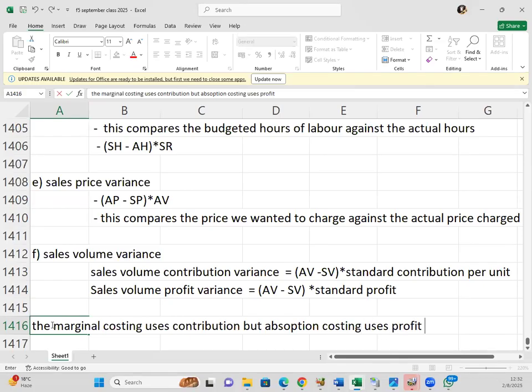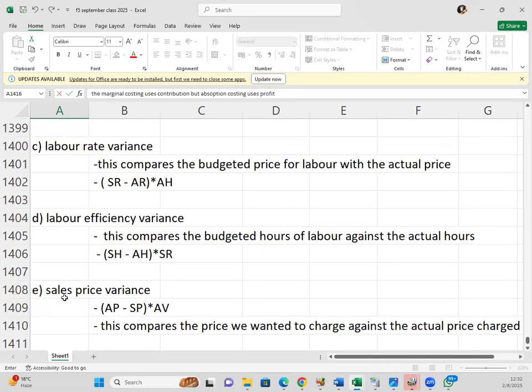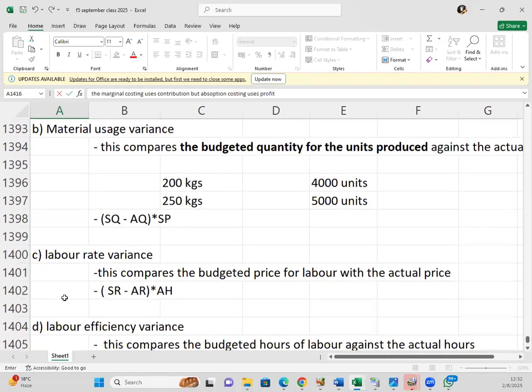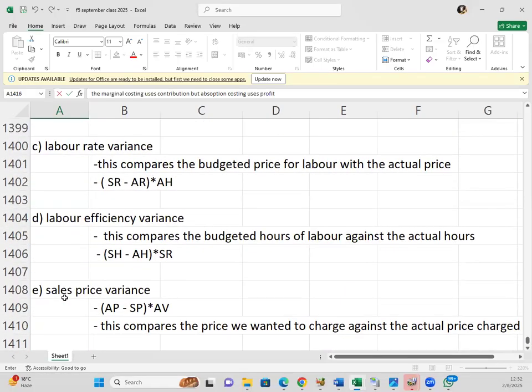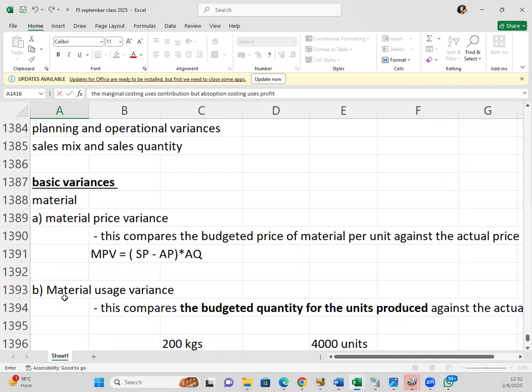So if it's absorption costing, it uses profit. These were the basic variances. It's less likely that you get a basic variance question.